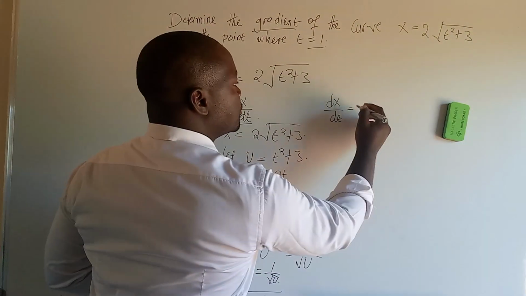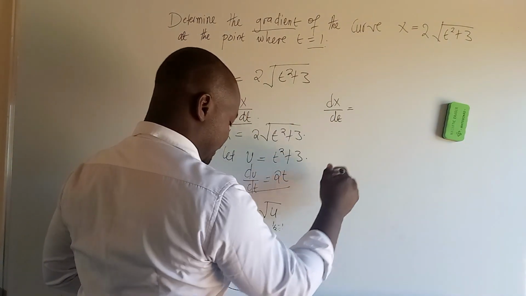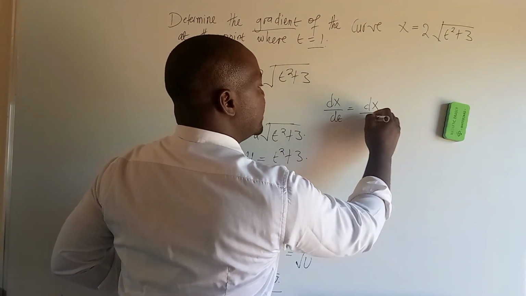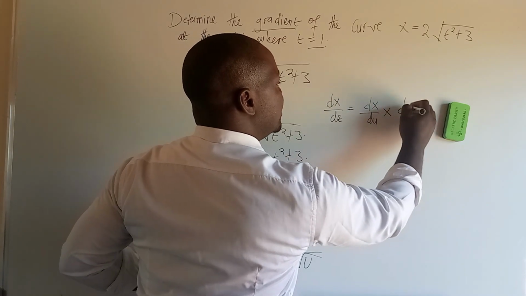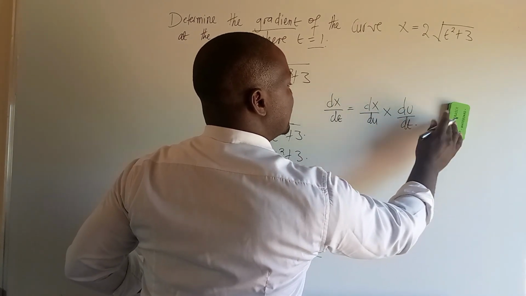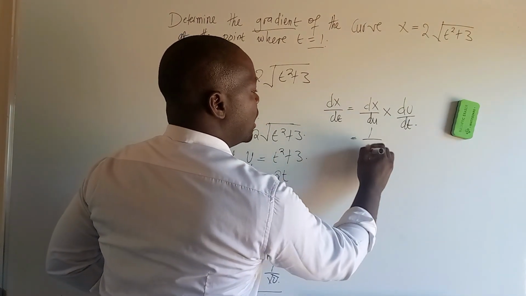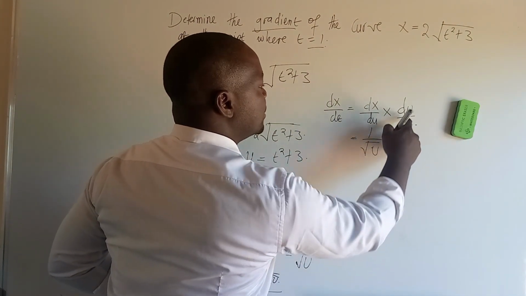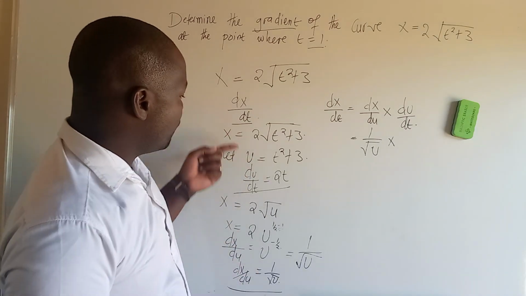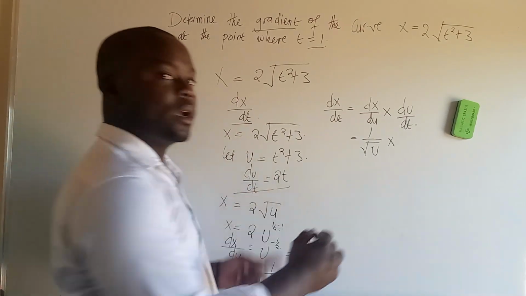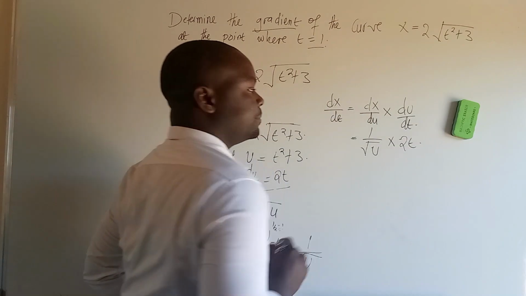We state that dx over dt is equal to dx over du times du over dt, where dx over du is 1 over root u, times du over dt, which is our answer 2t.